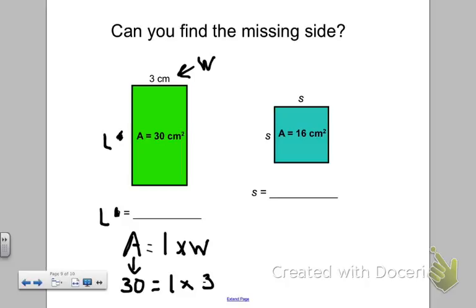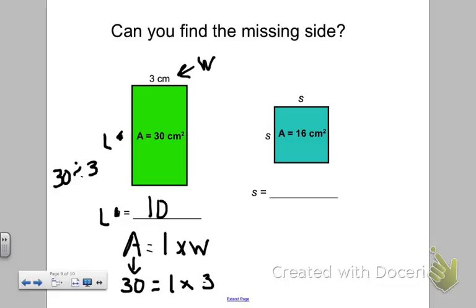Or maybe you want to work backwards. Maybe you would rather divide, because you could solve this equation by thinking, what's 30 divided by 3? 30 divided by 3 would give me 10. And that makes sense because 10 times 3 is 30. So you could find the missing side of a rectangle if you're given the area by using division.